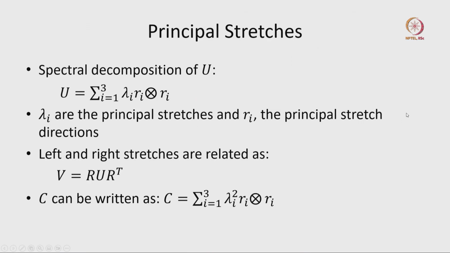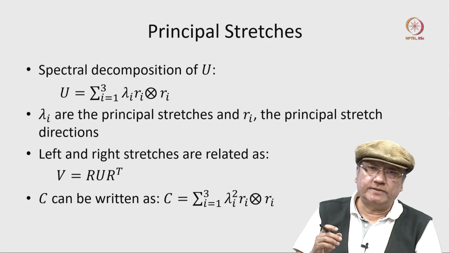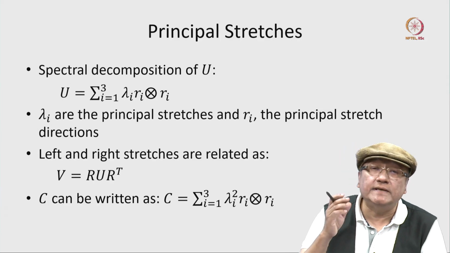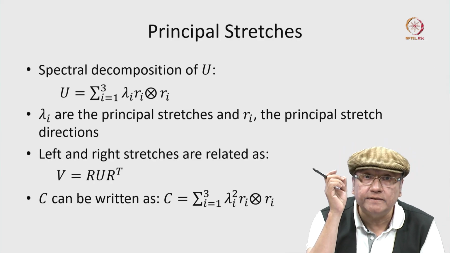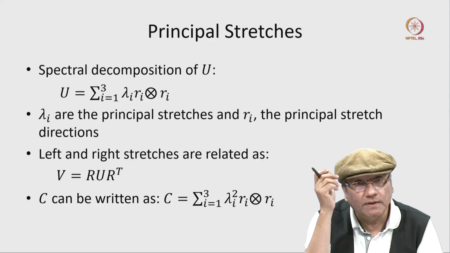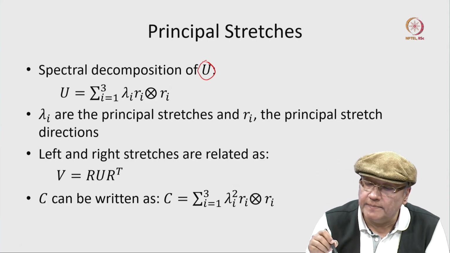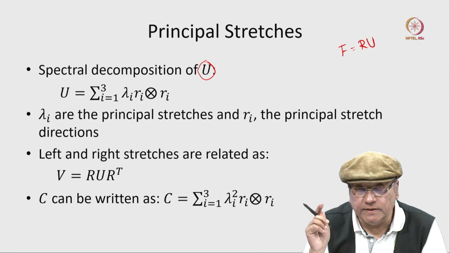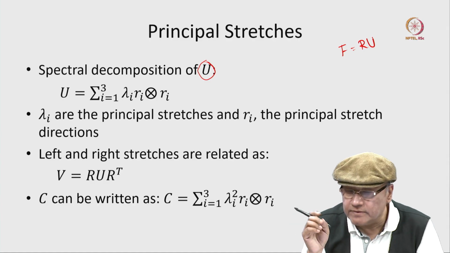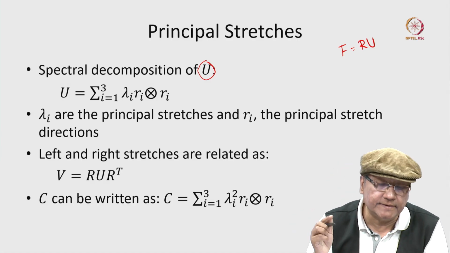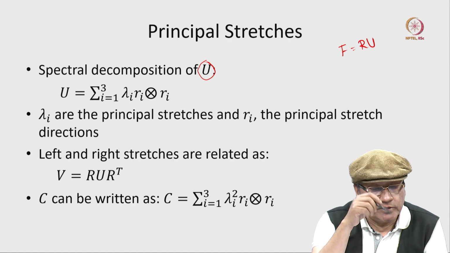right. Now we come to the issue of principal stretches, because this is about the eigen analysis of the stretch tensor U. We said that U is the right stretch, right. It came as part of the polar decomposition of the tensor F, the deformation gradient. So it is the stretch.